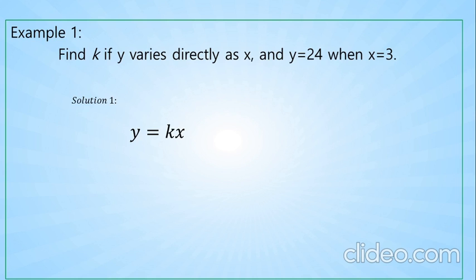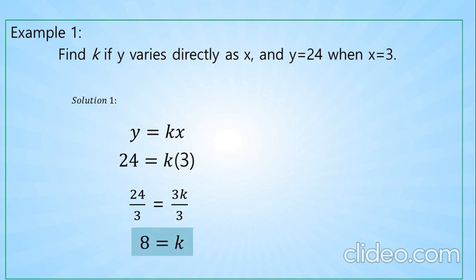Next, we substitute the given values, x is 3 and y is 24. Therefore, we have 24 = k times 3, then 24 = 3k. Solving for k, we divide both sides by 3, and 24 divided by 3 is 8.